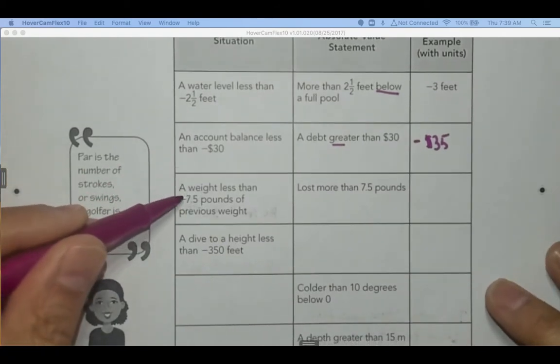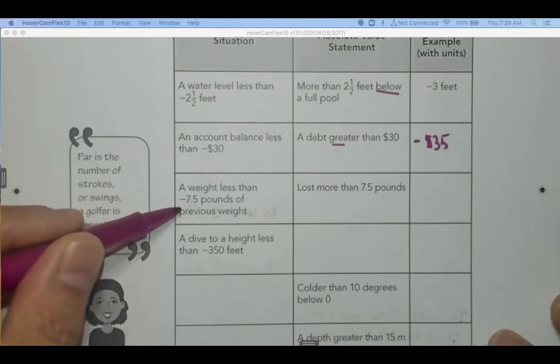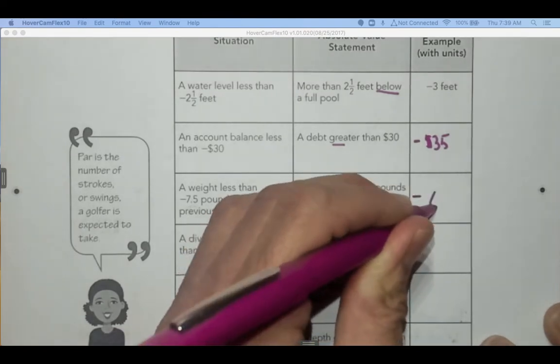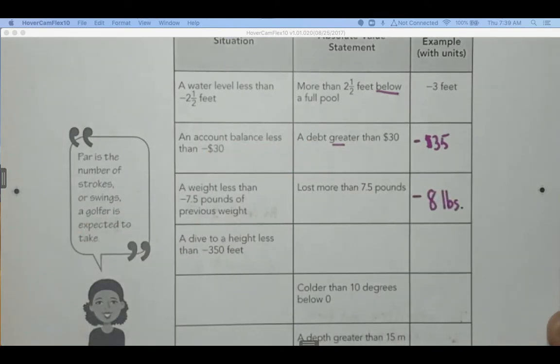A weight less than negative 7.5 pounds of previous weight, lost more than 7.5 pounds. Well, if I lost 8 pounds, that would be losing more weight. Okay.